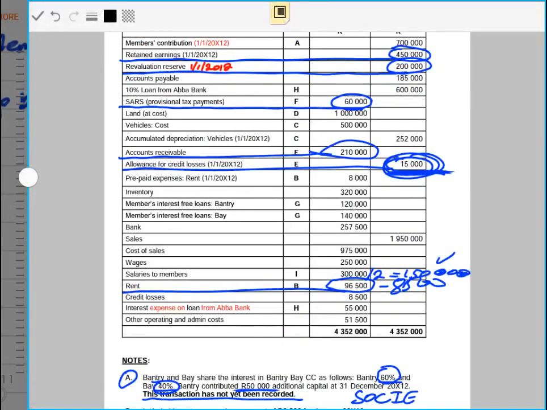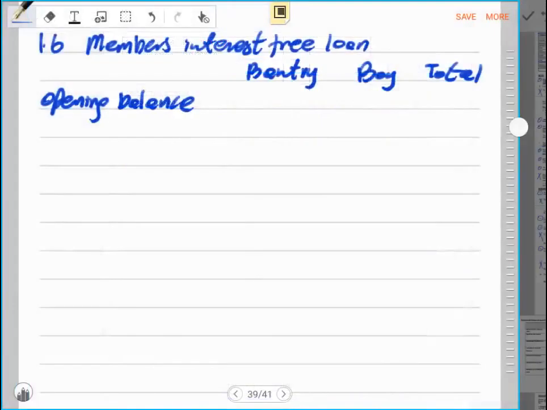And in the trial balance, we have 120,000 rands and 140,000 rands. So now we record them as they are: 120,000 rands and 140,000 rands. And the total is 260,000 rands.